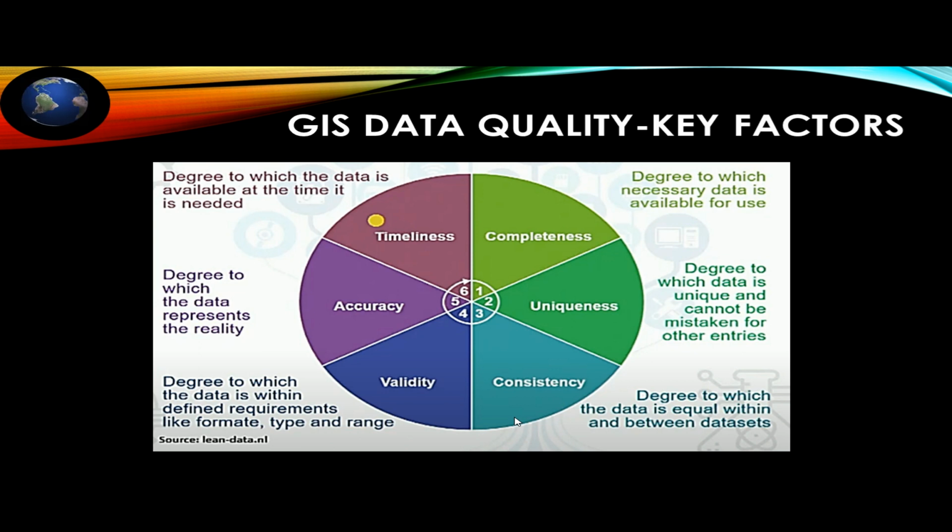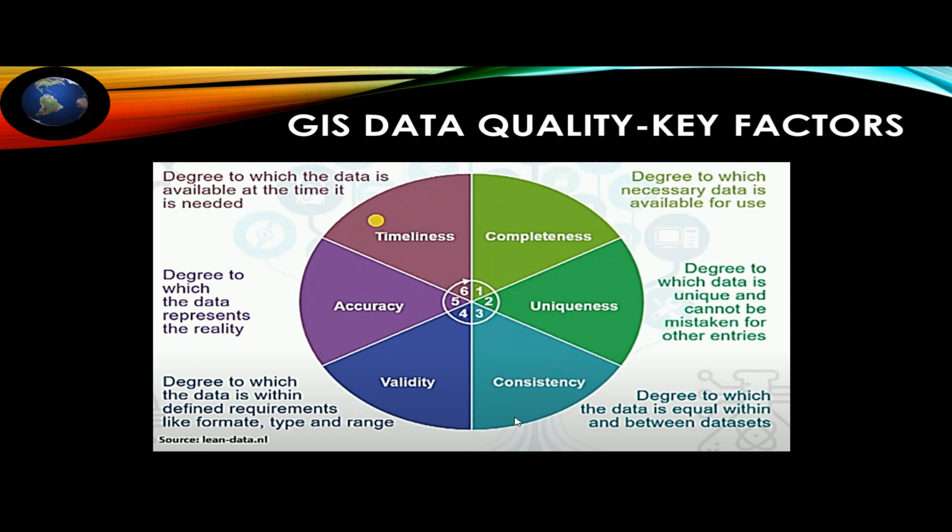So you have considered some more features, but you have numbered appropriately, then it should not be mistaken by other entries also, and it gives the uniqueness in the data sets. So that is also a key factor of the GIS data quality.